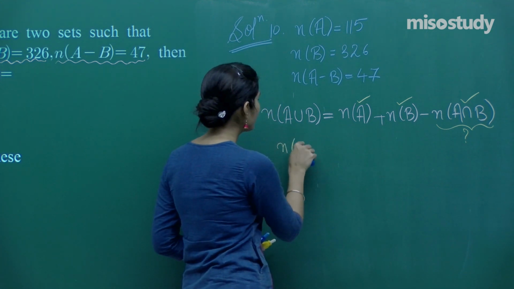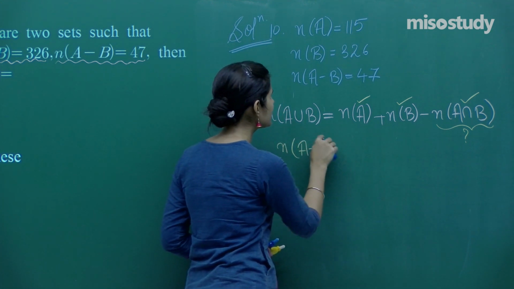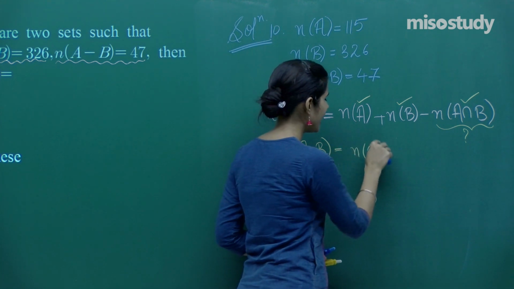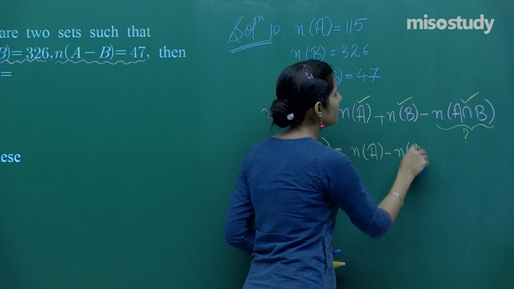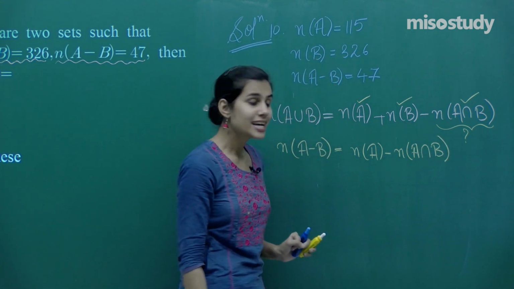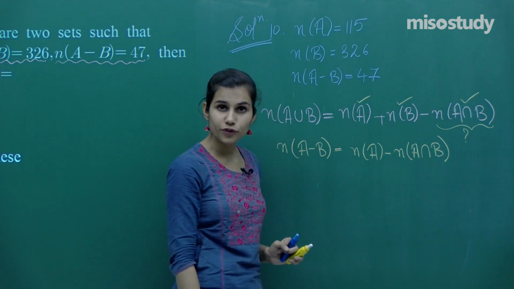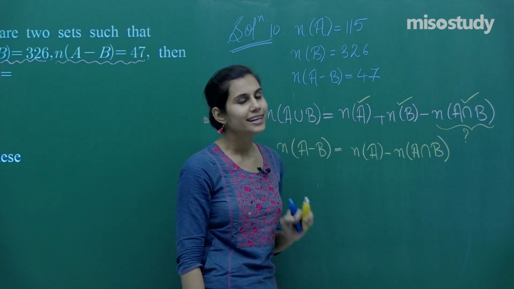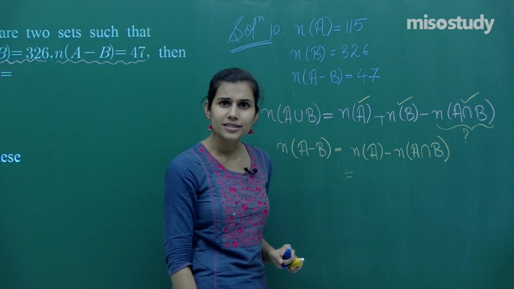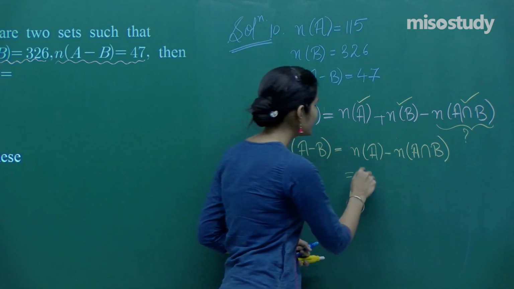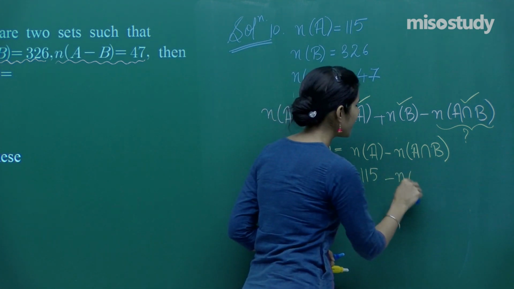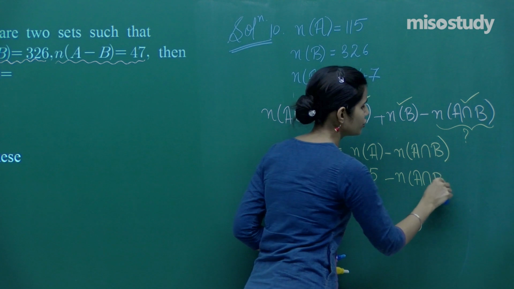The third piece of information, which is the number of members in A minus B. We know that the number of members in A minus B is equal to the number of members in A minus the number of members in A intersection B, because you just have to remove the common portion from A and then you will obtain A minus B. What is the number of members in A? Well, A has 115 members. The number of members in A intersection B, I don't know.